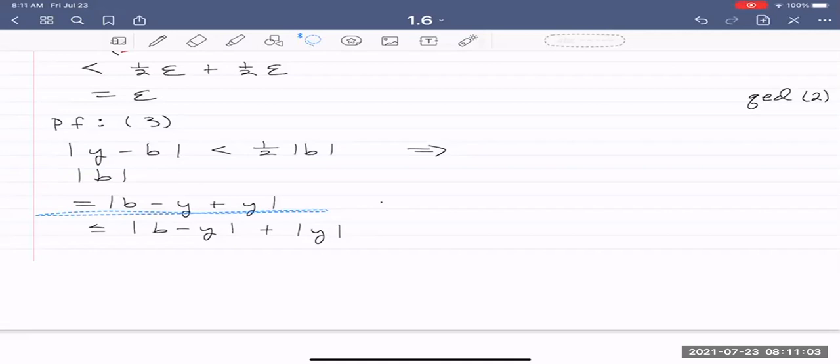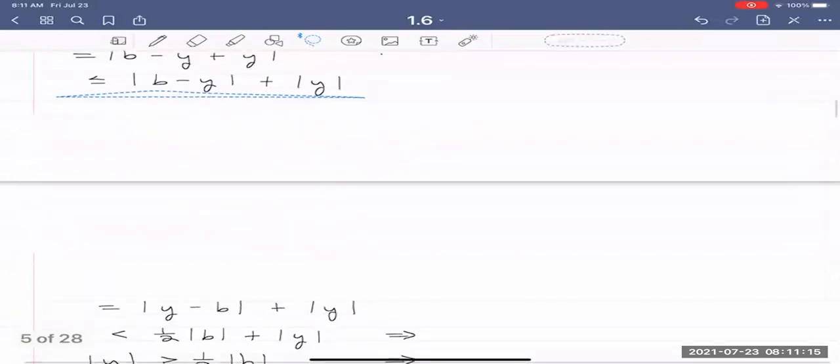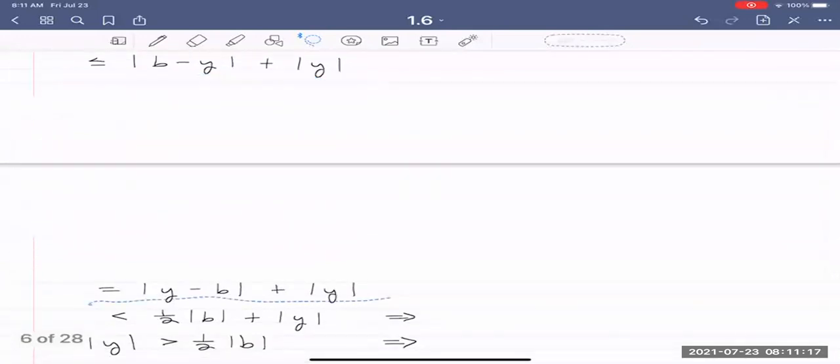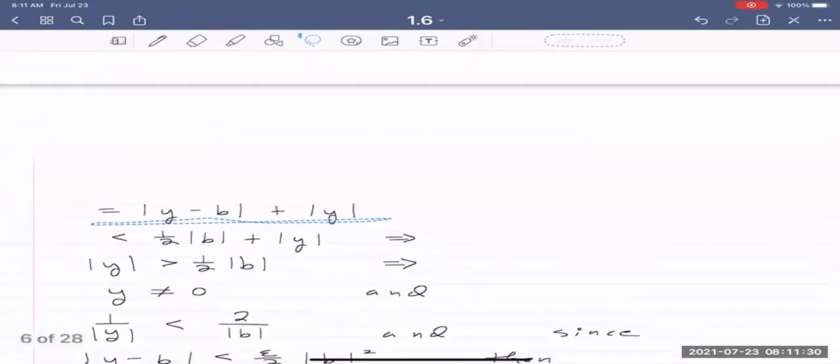By the triangle inequality, this is less than or equal to the absolute value of b minus y plus the absolute value of y. Again, changing the sign of what's inside the absolute value does not change the value of the absolute value. And so this is equal to the absolute value of y minus b plus the absolute value of y.